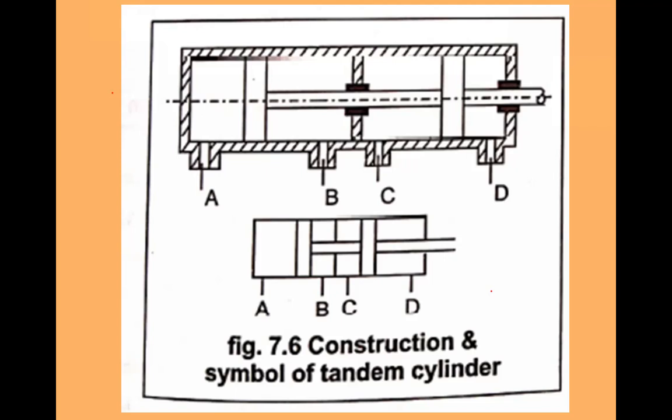These types of double acting cylinders find application especially where high force is required with limited space. The total force you can calculate using pressure into area of the first cylinder plus pressure into area of the second cylinder.